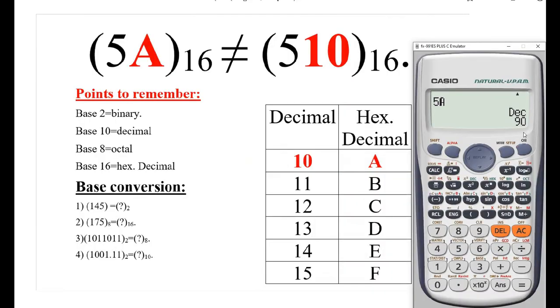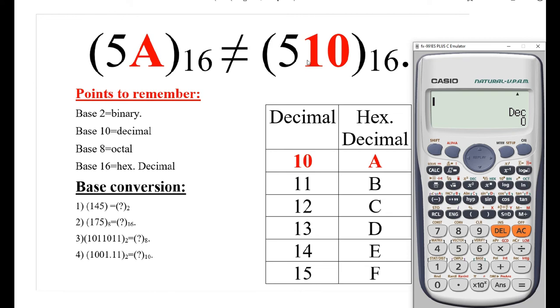Okay, now the 5A in hexadecimal is equivalent to decimal 90. Please remember 5A in hexadecimal is equivalent to 90 in decimal.